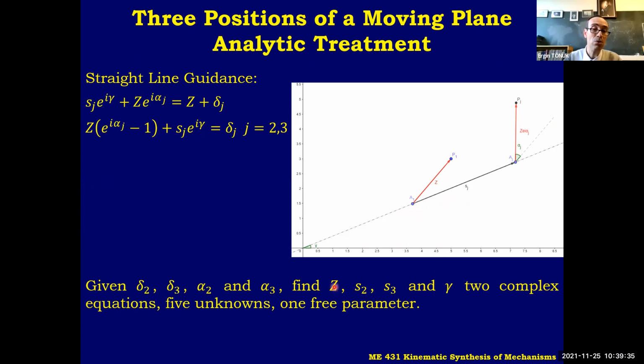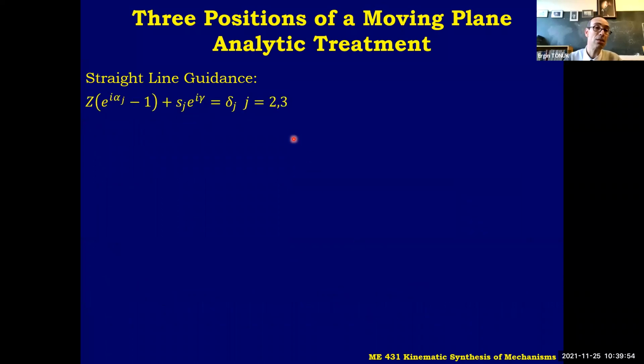So I have 2, 3, 4, 5 unknowns, 2 complex equations, so 4 scalar equations. I have only 1 free parameter. And if you check these equations, this is one of the unknowns, 2 of those, S2, S3, are the other 2, and gamma is the third.